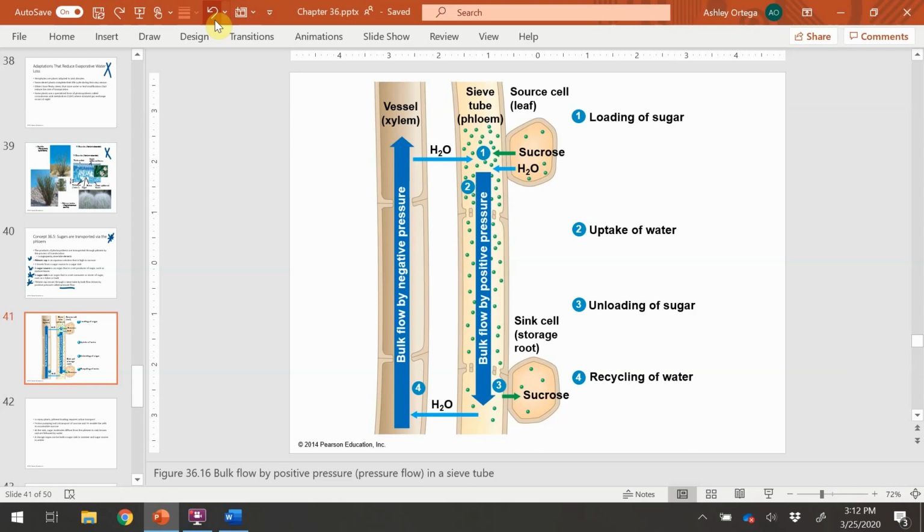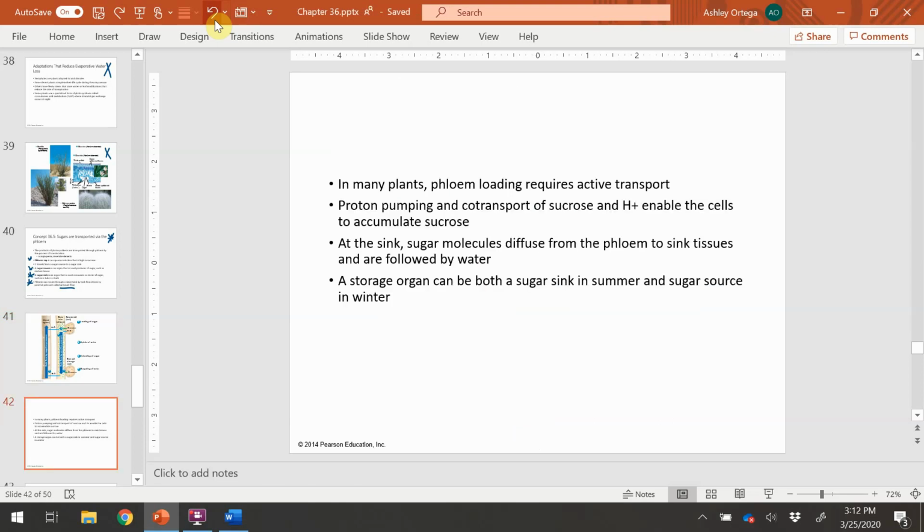And so both active transport and co-transport are types of transport that are used in this, and this was something that I took out from an earlier portion of this chapter. But that's what you see with those arrows, the active transport and co-transport bringing in or bringing out the sugar and the water. And so all this is pressure flow. So that's the term you want to know, pressure flow. Let's see here.